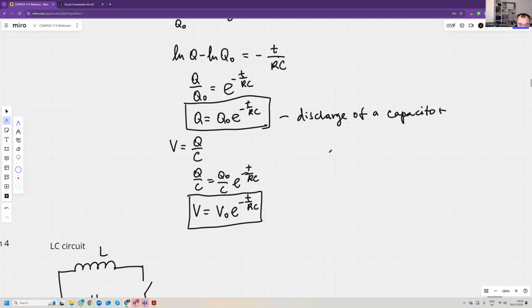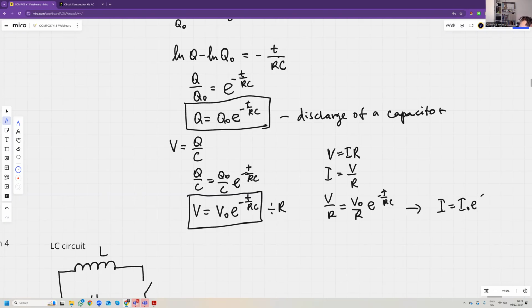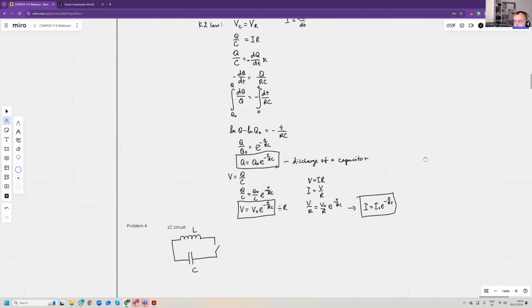Then I remember that voltage is equal to IR, so current is V over R. Dividing both sides by R, I get V over R equals V0 over R times e to the minus t over RC, and that brings me to I equals I0 e to the minus t over RC. I've got three equations, and they should be familiar to you.